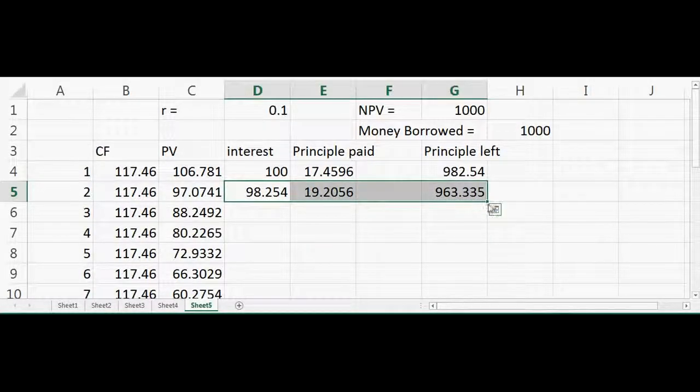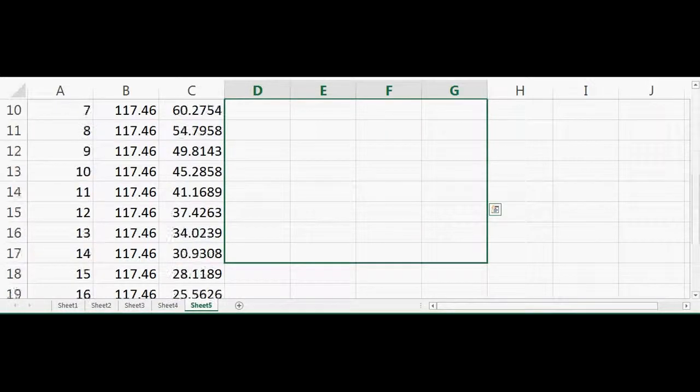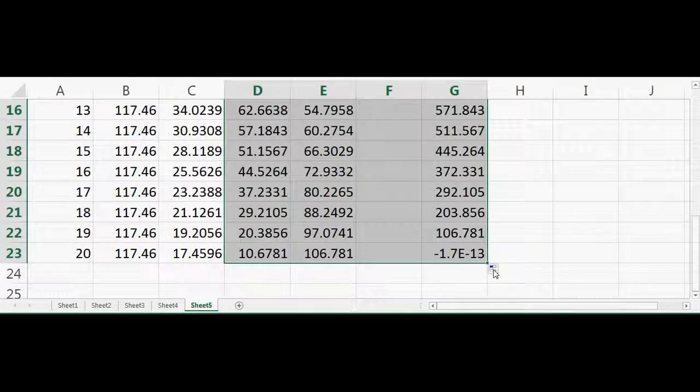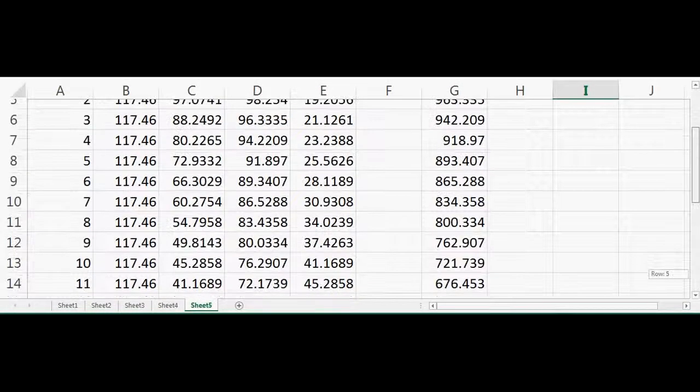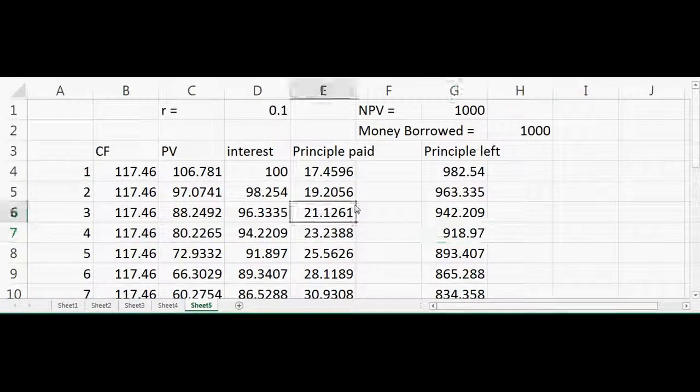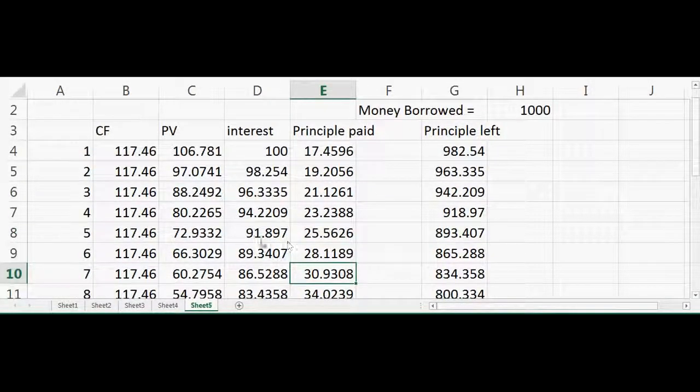So you can see that we get the money flow. The interest which has been paid is going down, the principal left is also going down, and the principal paid every time is going up.